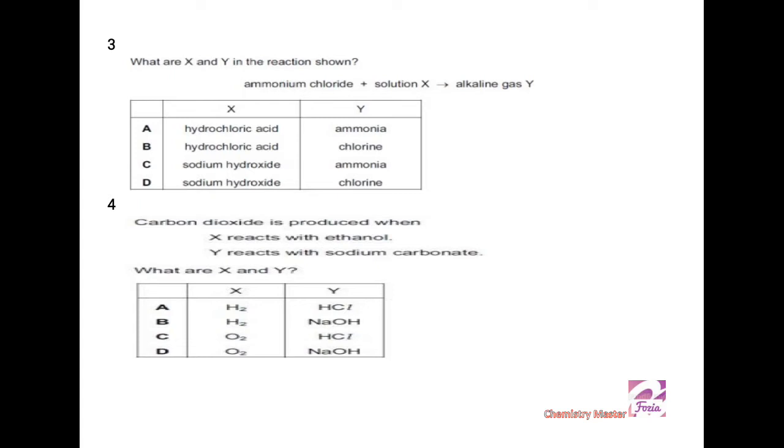MCQ number 3. What are X and Y in the reaction shown? Ammonium chloride is reacted with a solution and some alkaline gas is released. So one hint is very obvious for Y: when ammonium chloride is used, the gas which is produced must be ammonia.